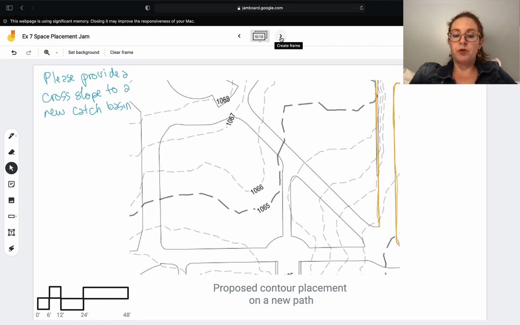But as you may recall from the last video, there's a little bit of a swale signature happening right here.